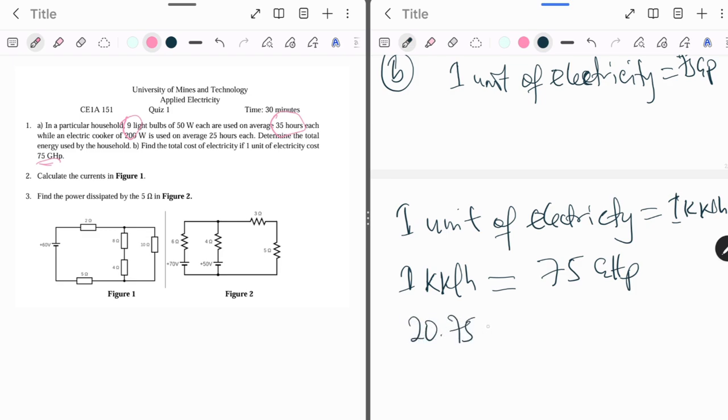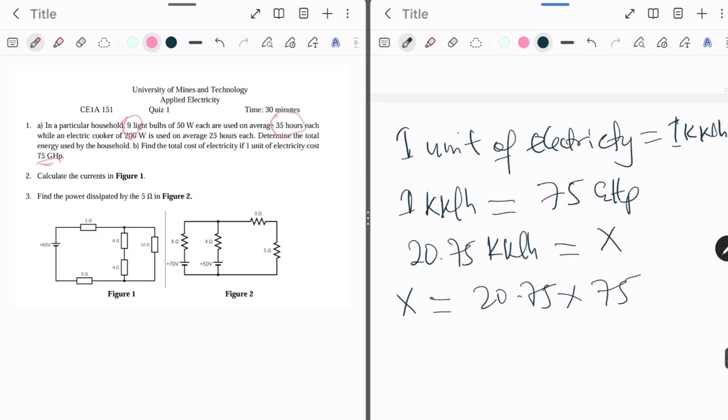So the household consumes 20.75 kilowatt hours of energy. So the cost of energy consumed is going to be equal to 20.75 times 75 Ghana pesos.